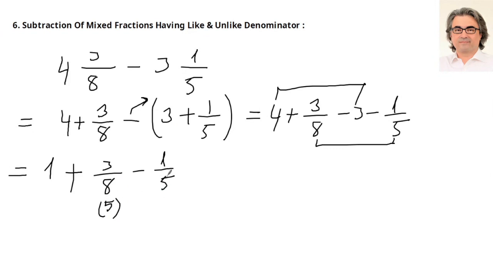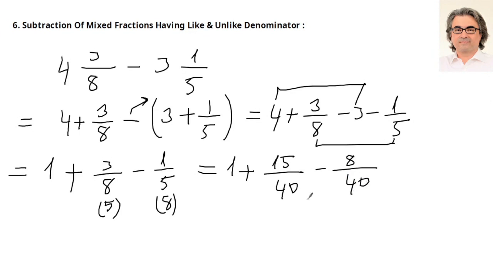If you multiply 5 with 8, you will get 40 again as the denominator. So you may equalize their denominators in 40. Now let's continue. 1 plus 5 times 3 is 15 over 5 times 8 is 40, minus 8 times 1 is 8 over 8 times 5 is 40. After that, 1 plus 15 minus 8 is 7. 7 over 40.